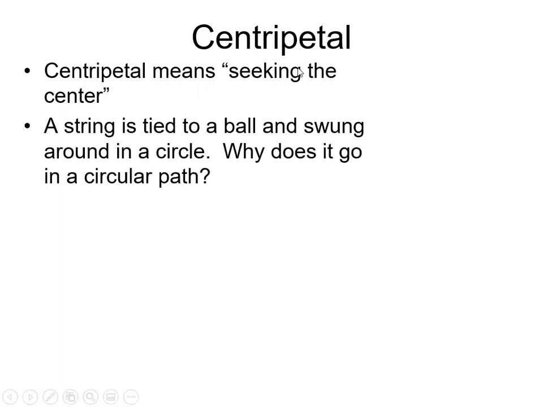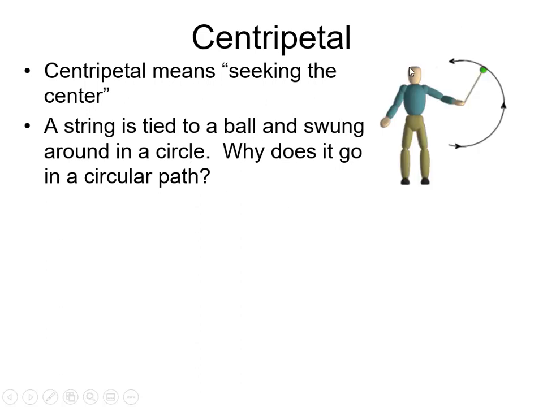So we had a string tied to the buggy going around like that. Now we have a string tied to a ball, and this is, I guess, supposed to be me. The ball is being swung around like this. Why does it go in the circular path? Well, the idea is this force, in this case tension, is causing the circular motion.